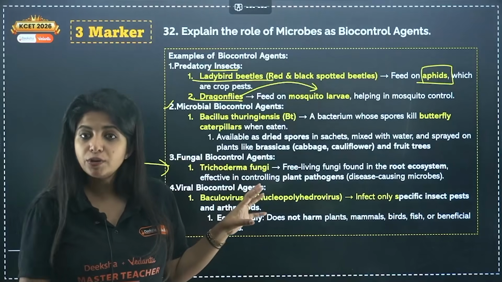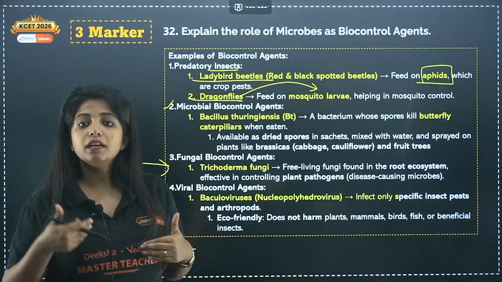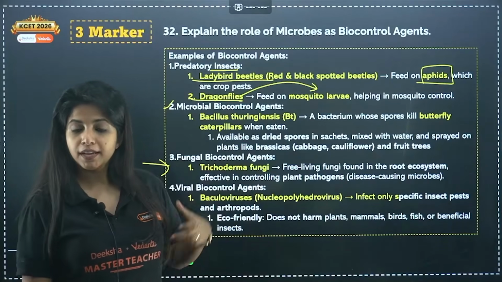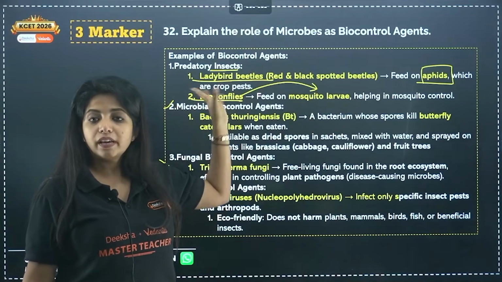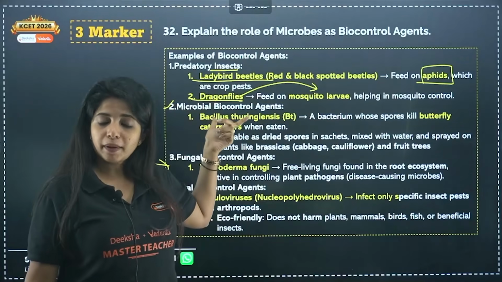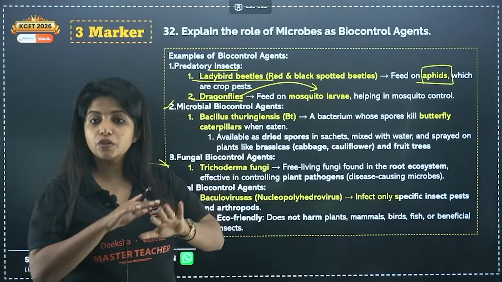They are found in the root ecosystem and do not allow any other pathogen to grow there. So it also acts as a fungal biocontrol agent. So: predatory insects, ladybird beetle feeding on aphids, dragonflies feeding on mosquito larvae; microbial agent Bacillus thuringiensis; fungal agent Trichoderma in the root ecosystem.